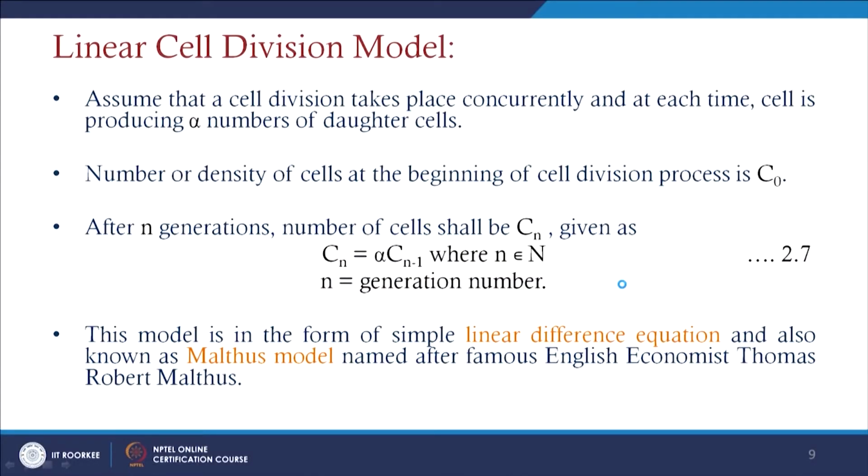After n generations, the number of cells is given as C_n equals alpha C_(n-1), where n is the generation number. This model is a simple linear difference equation, also known as the Malthus model, named after the famous English economist Thomas Robert Malthus, who developed it.